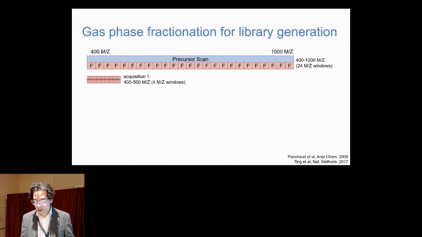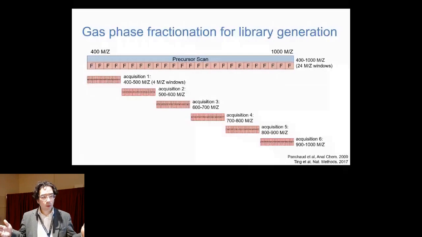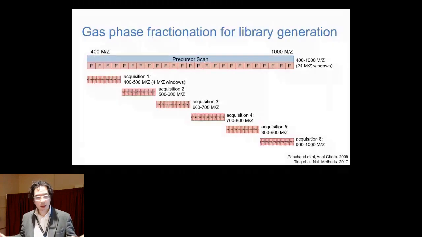We'll make that measurement in one acquisition, and in the second acquisition, we'll measure from 500 to 600, then 600 to 700. This is really expensive if we wanted to do it for every one of our quantitative samples. But if we just do this of a pool, it gives us the ability to say, this is our comprehensive proteome, and use that to make detections going forward.